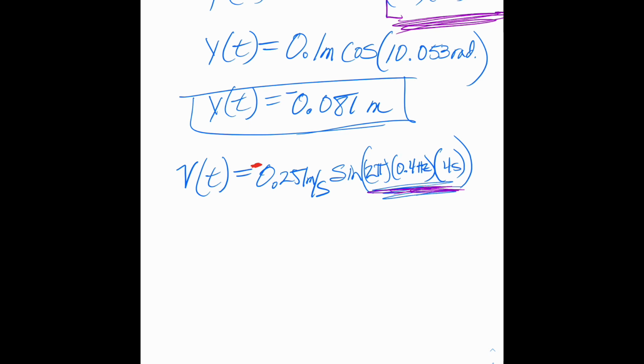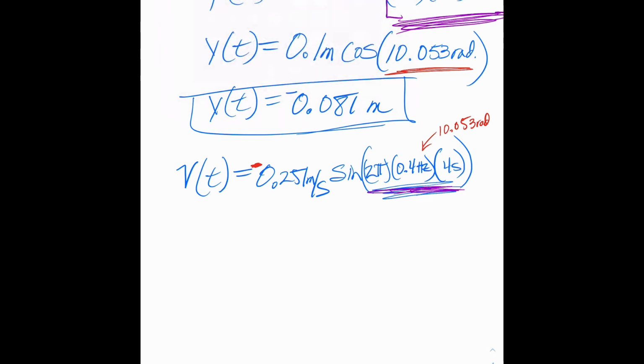This is going to be the same as last time. This whole mess was 10.053 radians, like we just said up here. So we're just taking the sine of that. That's going to give us a negative answer just like we predicted.